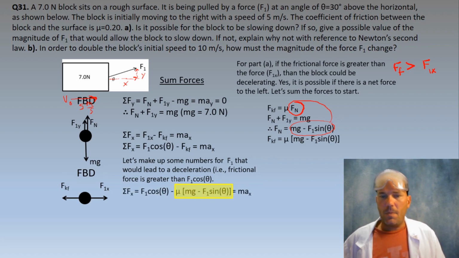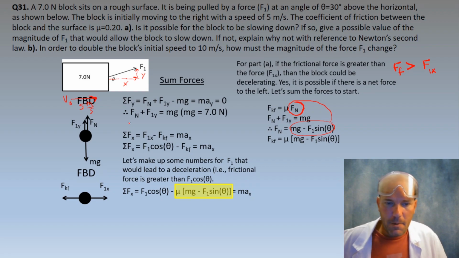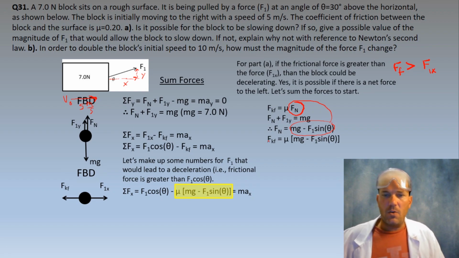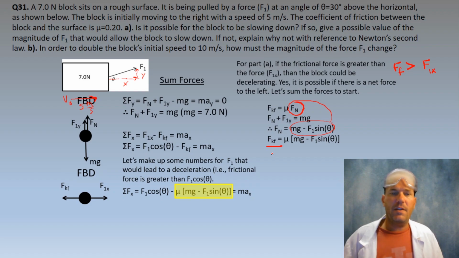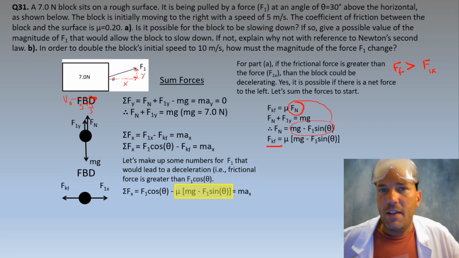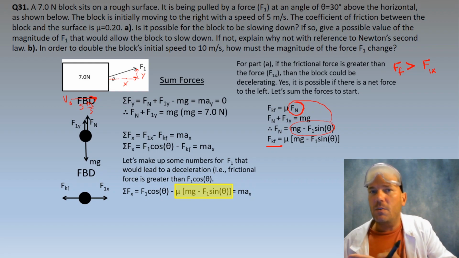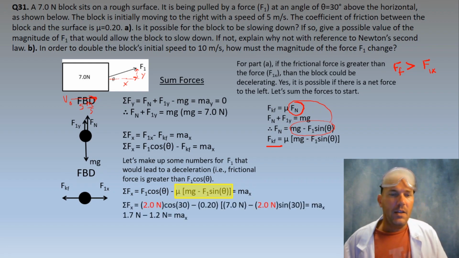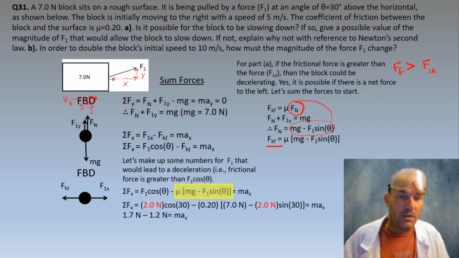Again, this entire piece here, shaded in yellow, represents the force of kinetic friction. Remember, we need this force to be greater than the x horizontal force. So let's make up some numbers here.